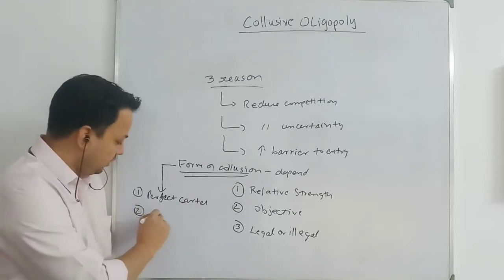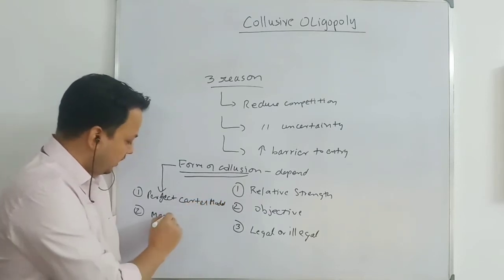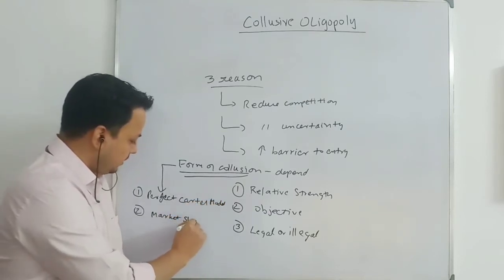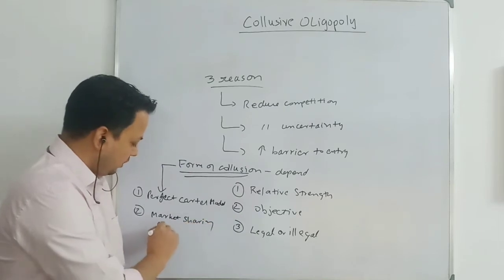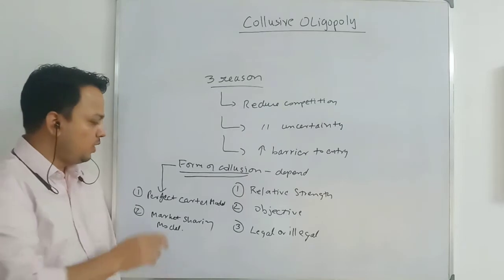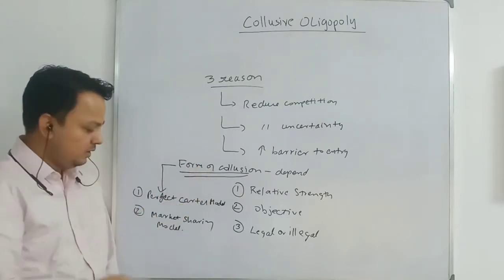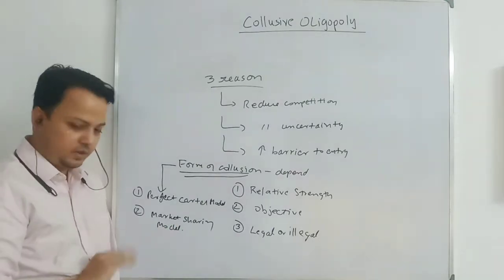Second is the market sharing model. So you can have two kinds of collusion: one is the perfect cartel model, second is the market sharing model.